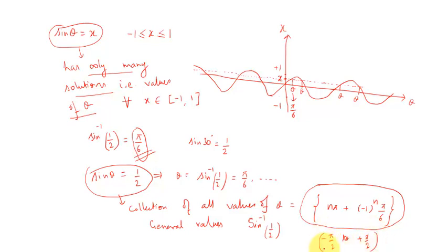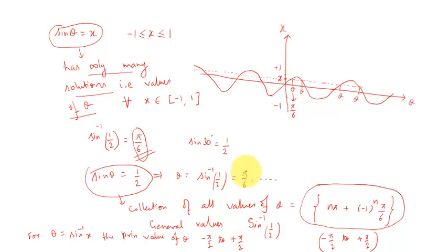So we can also say that for theta equals sine inverse x, the principal value of theta lies in between minus pi by 2 to plus pi by 2.